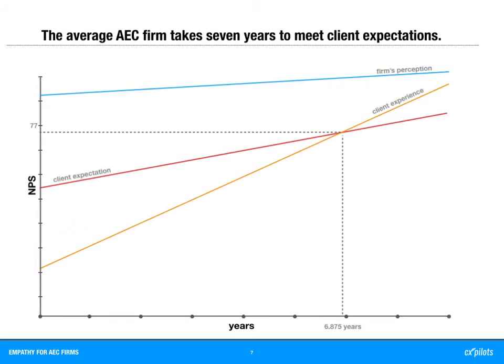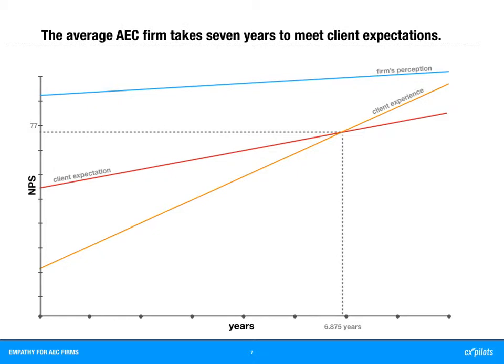First, let's look at what's going on in terms of meeting expectations. From an abundance of research and studies on our part and others, we've learned that in order for firms to meet their clients' expectations, it generally takes about 7 years.